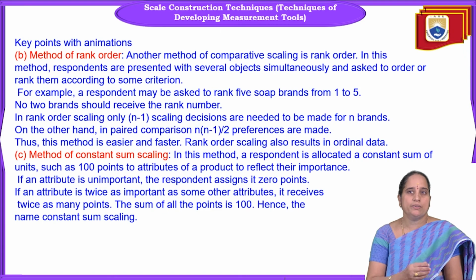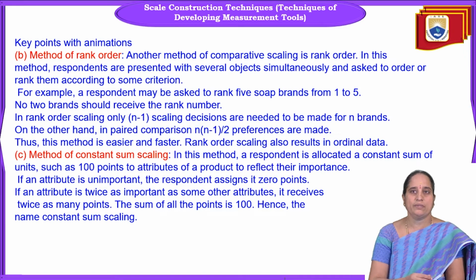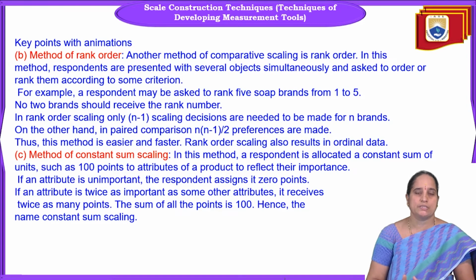The next method is the method of rank order. This is another method of comparative scaling where we again apply rank order scales. In this method, respondents are presented with several objects simultaneously, and we ask them to rank them by following some criteria.